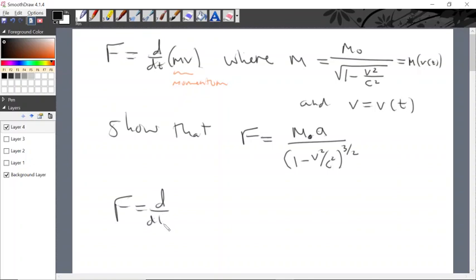Force is the time rate of change of momentum, and that's a product of variable functions, each with respect to time. So this is equal to m times dv/dt plus dm/dt times v, by the product rule.